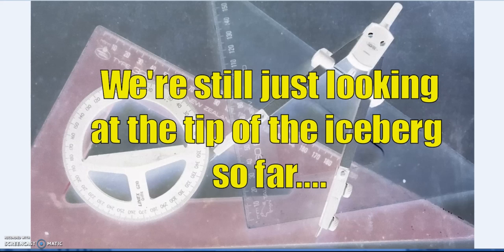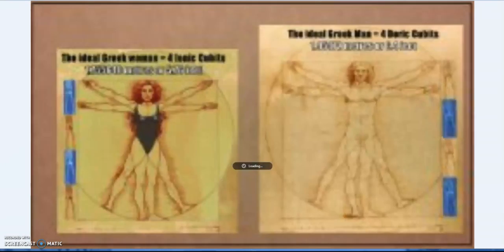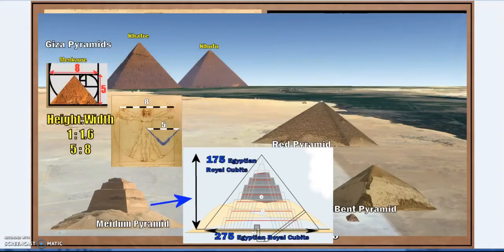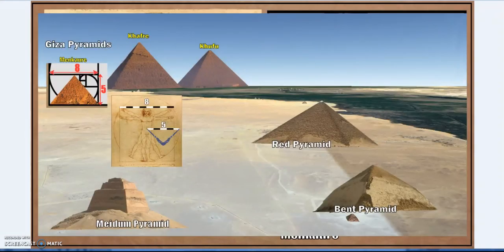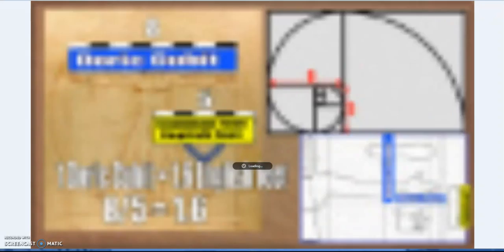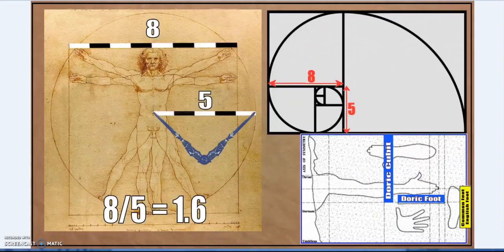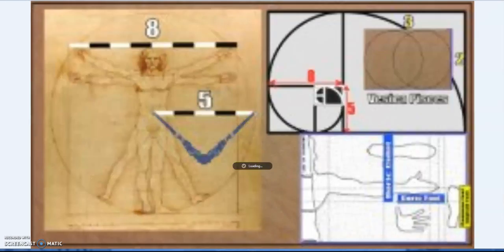So we're still looking at the tip of the iceberg so far, but what we have is a repeated, measurable, tangible system that unites all of the ancient architecture and is still being used by those select architects in the modern age.